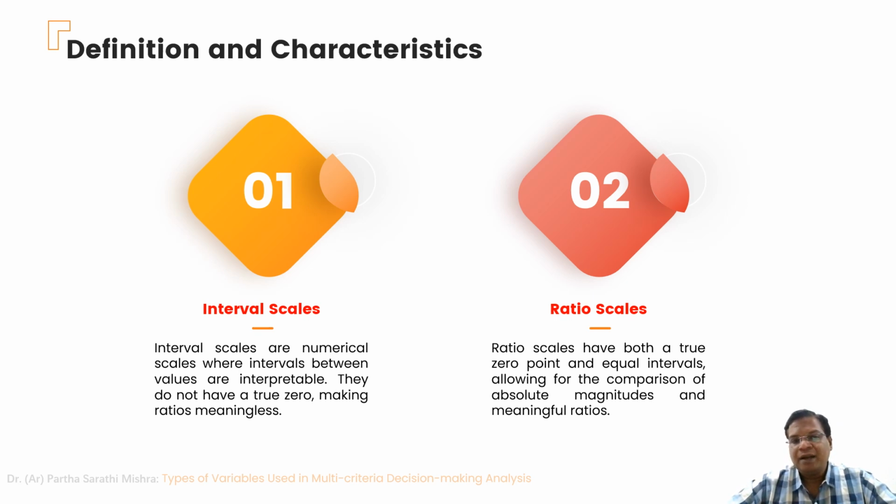For example, temperature. We can say temperature is going to rise, temperature is going to reduce, but we cannot say 5 degrees plus 5 degrees is 10 degrees temperature. So that is one kind of interval process, whereas ratio scales have both a true zero point and equal intervals, allowing comparison of absolute magnitudes and meaningful ratios.